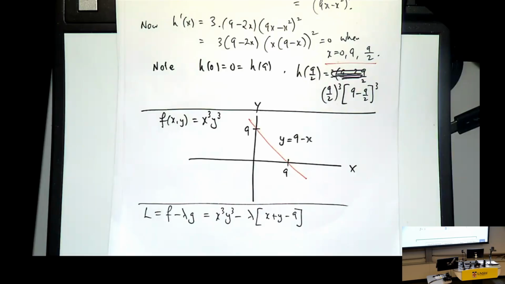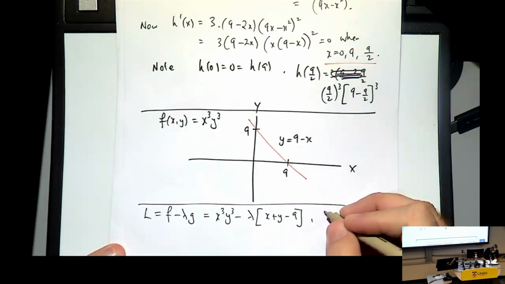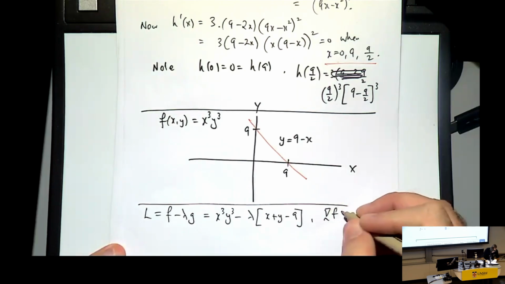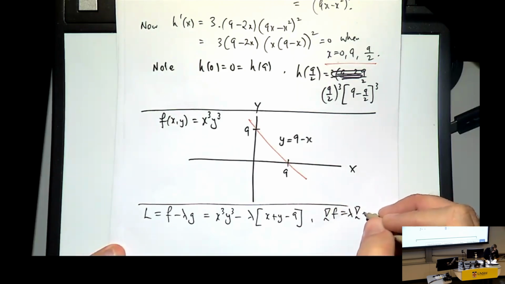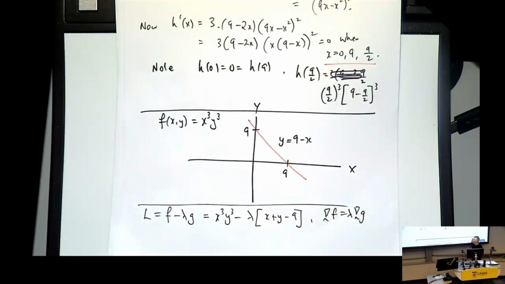Or you're solving this problem, grad f equals lambda grad g. Now, lambda can be 0 in some of these, but let's talk about it.